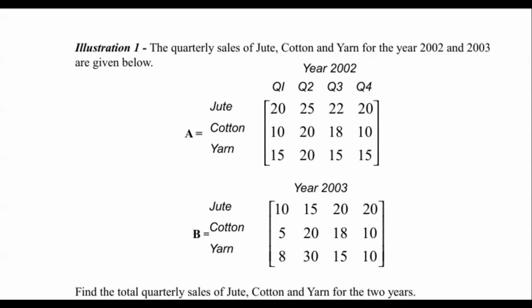Nobody in the Caribbean is writing much about these things, so you have to borrow examples from afar. These are the quarterly sales of some company in two years, 2002 and 2003. These are the quarters for the two years.